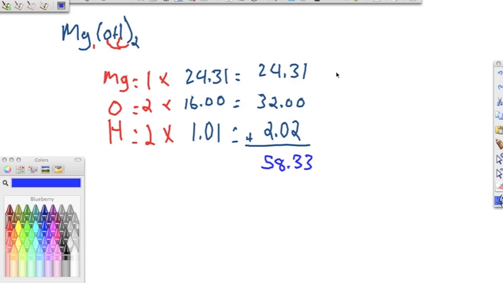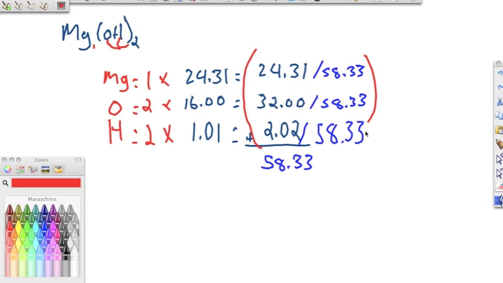Remember, we divide our parts by the whole, so 58.33, 58.33, and 58.33. And we multiply those by 100 each time. And we should get percentages.